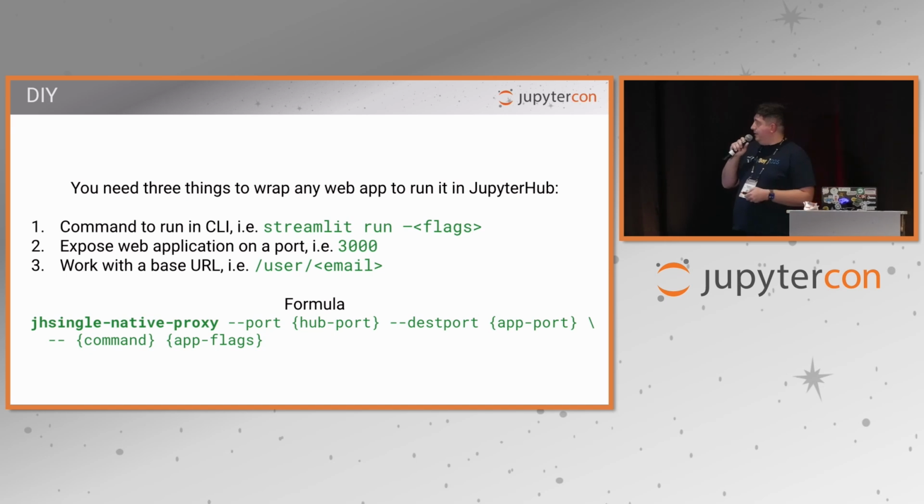And it needs to work with a base URL, which is a good software practice anyway. If you have all these three things, you can wrap your command for your application with whatever flags it has through Jupyter Server Proxy, or Jupyter Standalone proxy, and deploy it to your JupyterHub, and it will be available as an option for users.